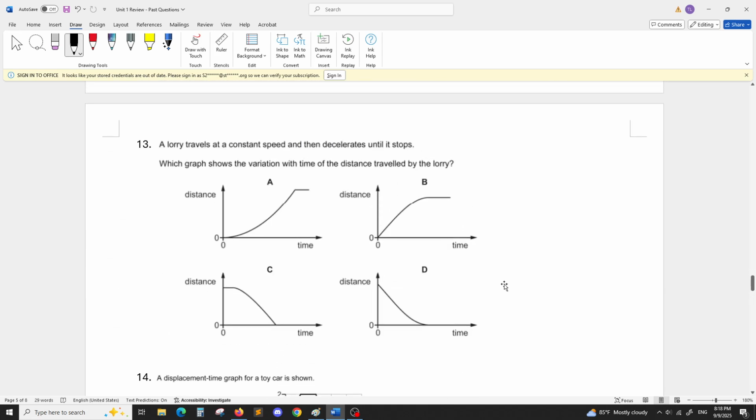Your next problem. A lorry travels at constant speed and then decelerates until it stops. Which graph shows a variation with time of distance traveled by the lorry? Okay. So we want to make sure that we have our definitions correct. We have a distance graph. It's not displacement.